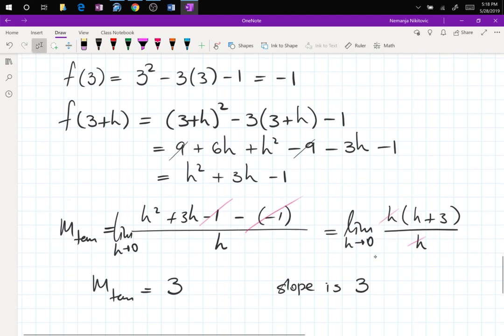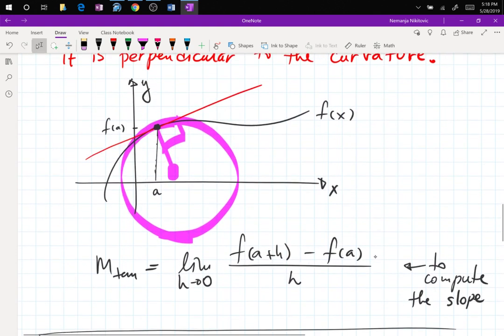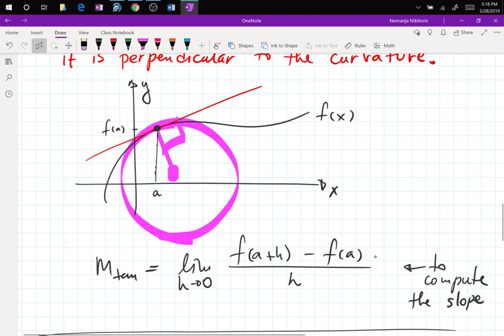If I change the point a, would the slope change? If I change location? No. If I move the point, let's say here, now the slope is different, right?